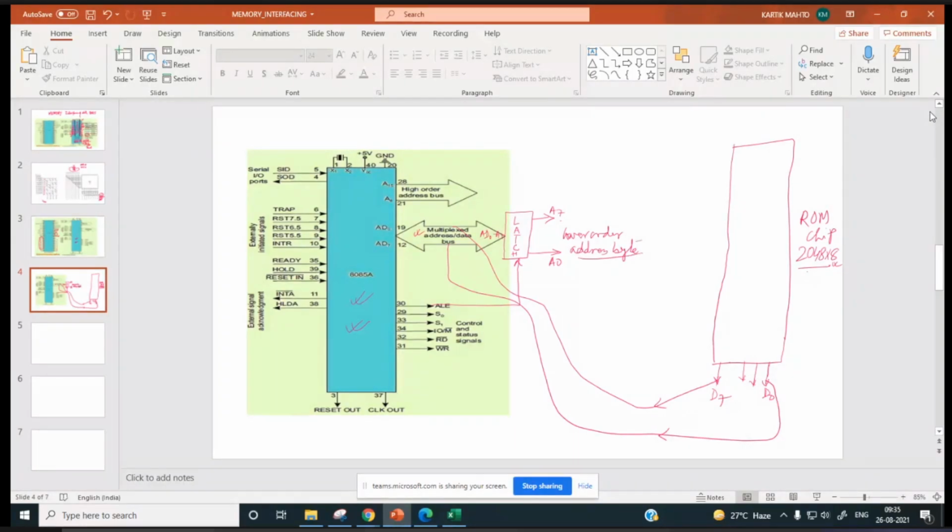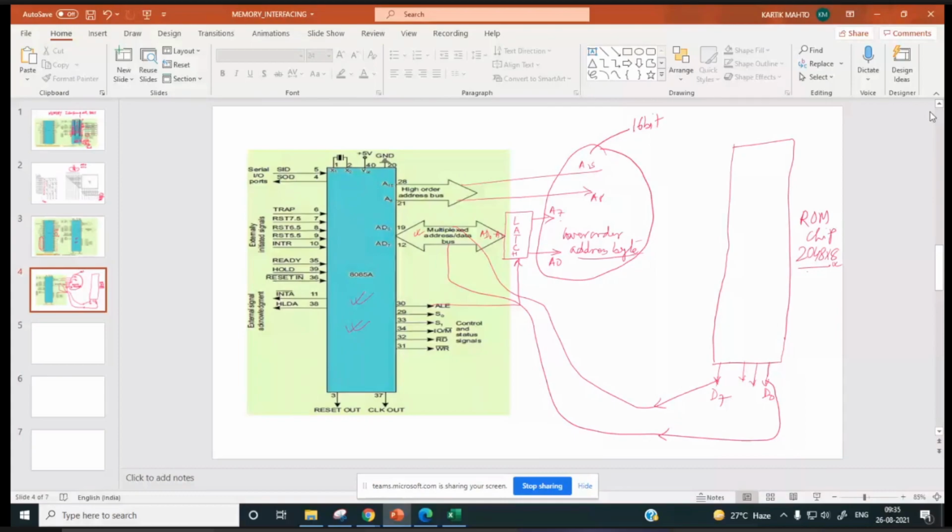And this A8 to A15 will be going directly like this. So how many address lines are there now? Total 16 bit. Hello? Is it okay?